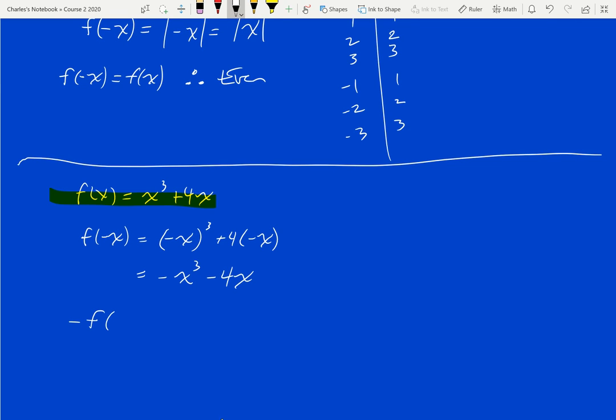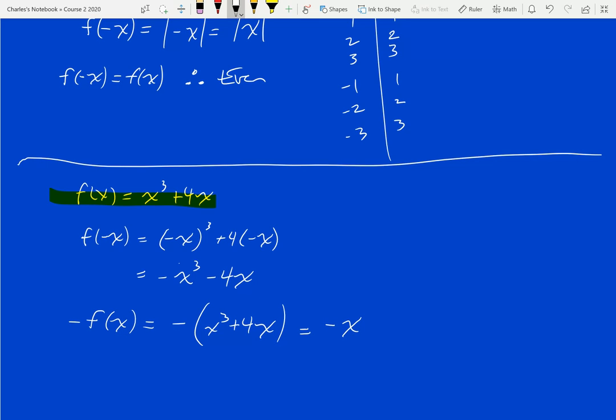However, to determine if it's odd or not, I have to evaluate what's negative f of x. And that's different. f of negative x is when I put a negative x inside everywhere the x goes in the original function. Negative f of x is when I just take the original function and put a negative sign on the outside of it. When you have terms that are separated by addition or subtraction, you distribute that minus sign into them.